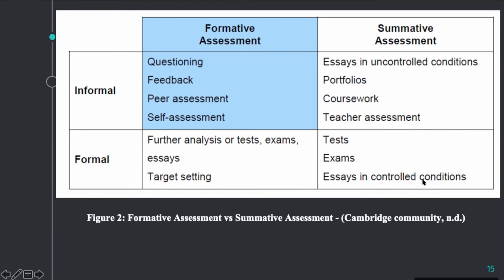essays in controlled conditions. Again, an essay could be written however you want. That's formative. In a controlled condition, this is what you should do, this is what it should include. Then again, if we consider a paragraph, you would ask your students, could you write a paragraph about the weather today? Very simple. But then if you control it a little bit more and say, write a paragraph about the weather today, but I need you to use a topic sentence and then supporting ideas and then a concluding sentence.